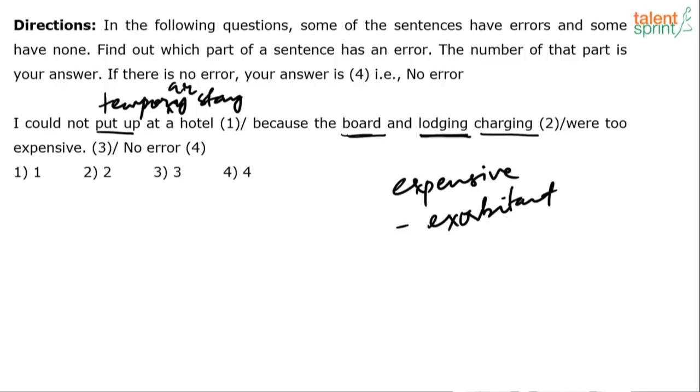Okay, so this one is pretty simple because the error is right in front of your face. The board and lodging charging absolutely sounds wrong as well. So the error is in option number 2, that is, it should be boarding and lodging charges. Alright, let's move on to the next question.